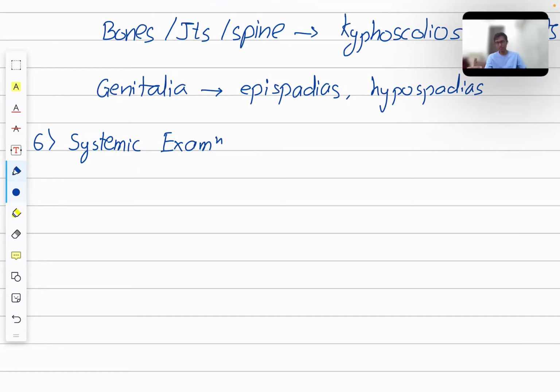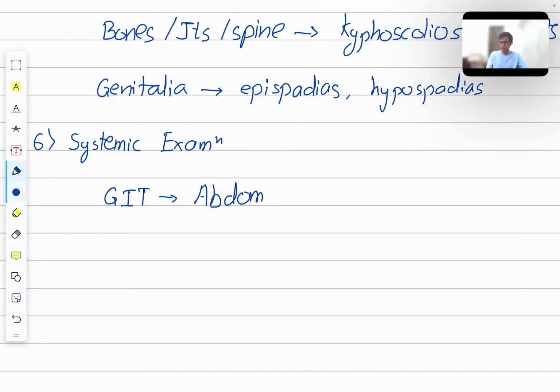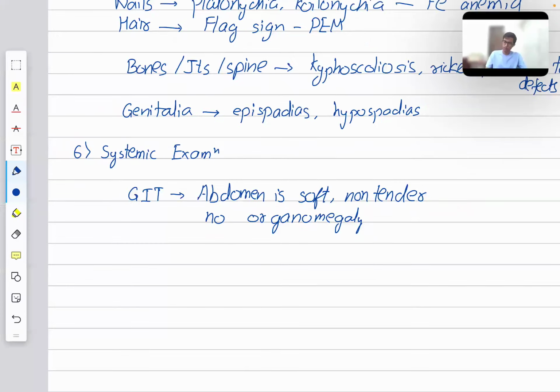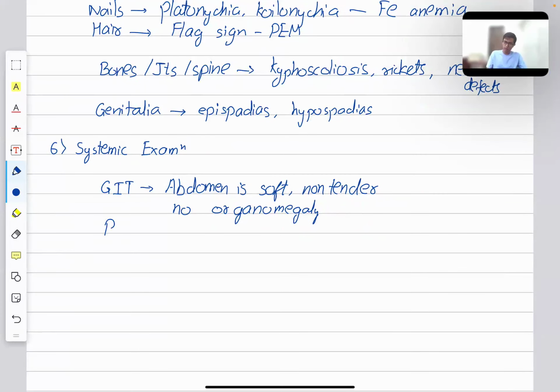After telling all about your CVS examination, what else do you have to mention? In GIT, all you have to mention is abdomen is soft, non-tender, no organomegaly. RS: bilateral equal air entry, and no adventitious sounds heard.